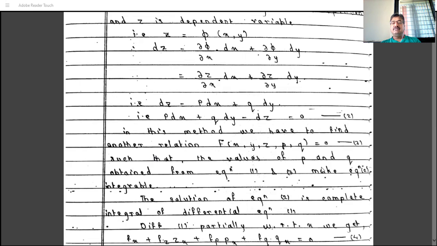Such that the values of p and q obtained from equations 1 and 3 make equation 2 integrable.